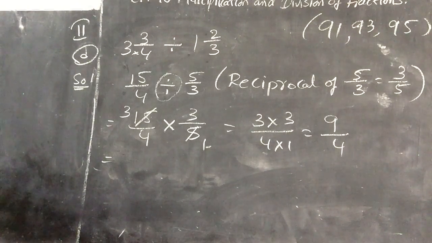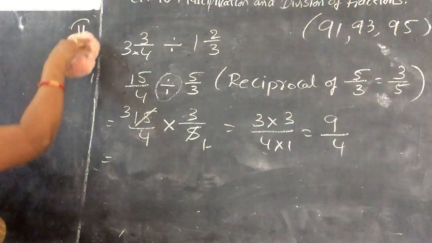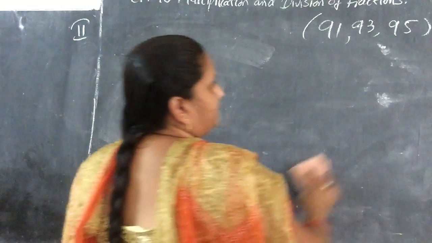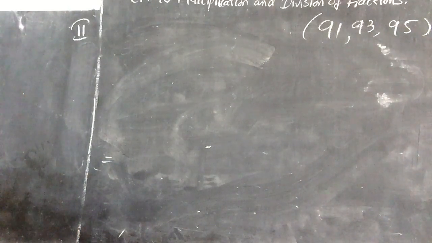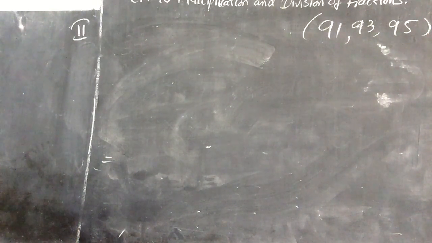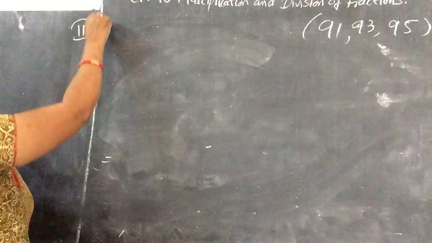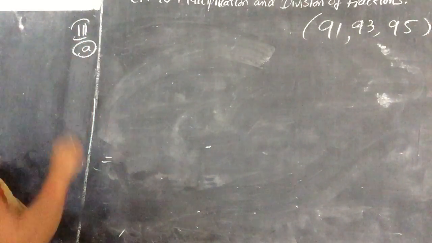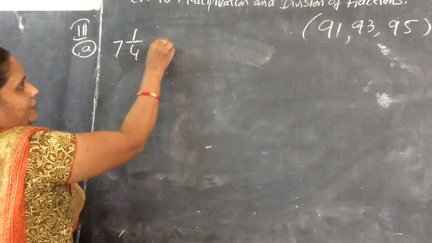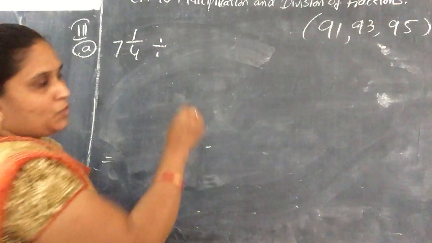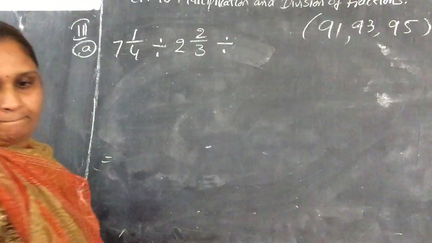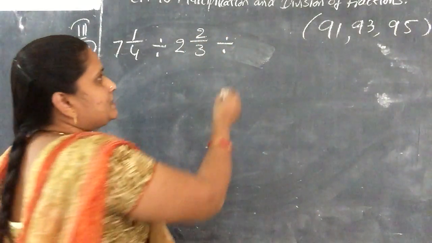Okay, next, Roman number 3. Page number 96. Page number 96, Roman number 3. Section 3, simplify. The first sum is 7 1 by 4 divided by 2 2 by 3 divided by 9 by 16.